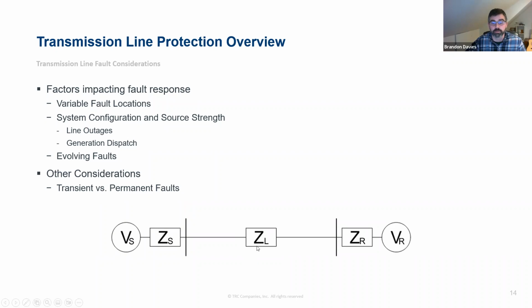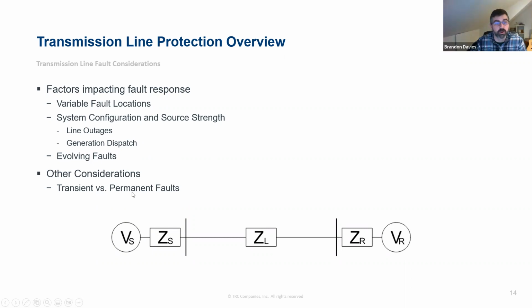If you had a fault halfway through a transmission line, and then the same fault a week later, but you'd switched generation out or switched transmission lines out for maintenance, or the system was otherwise different, you're going to have a different Thevenin equivalent behind here, and a different fault response. So we have to look at all the possibilities of what could be going on in the system and make sure we're covering any reasonable consideration.